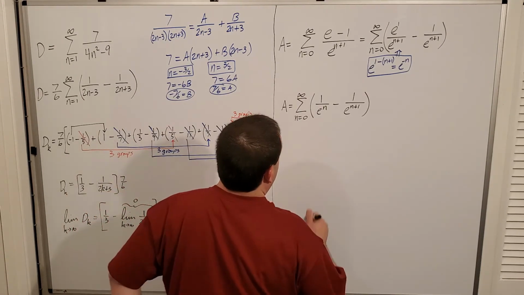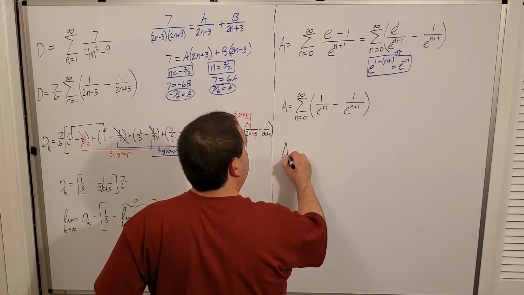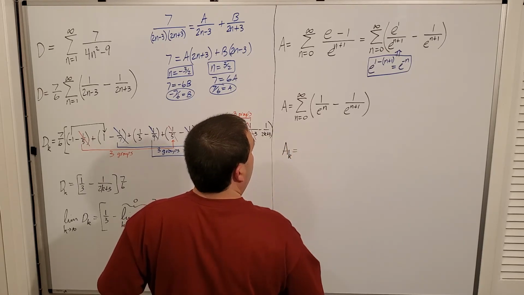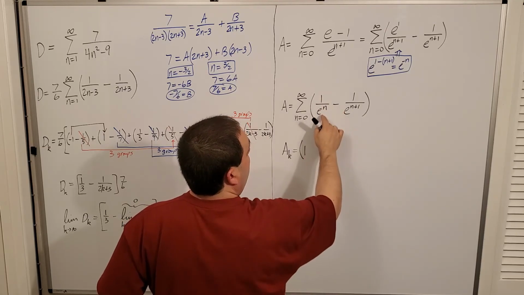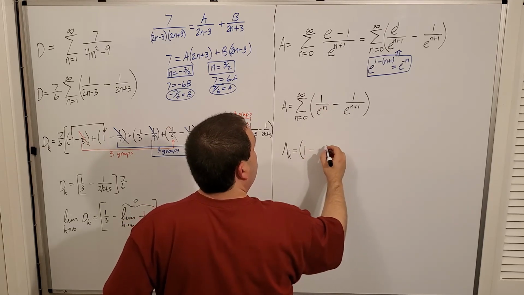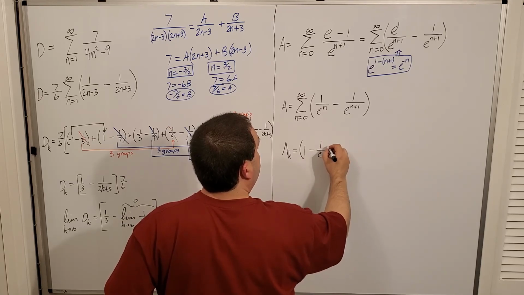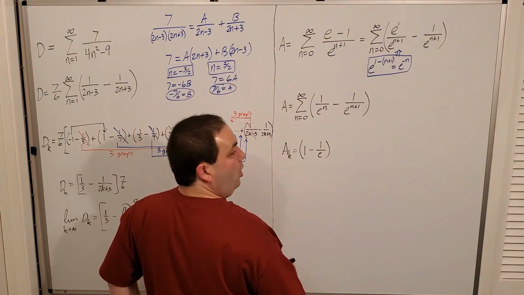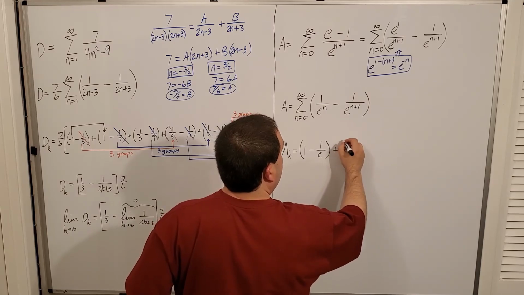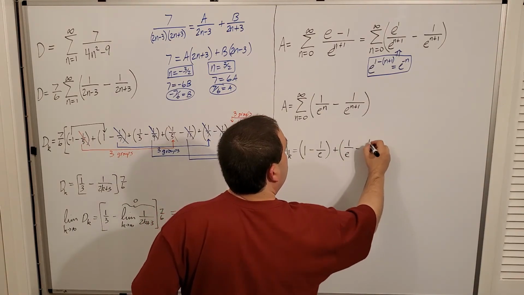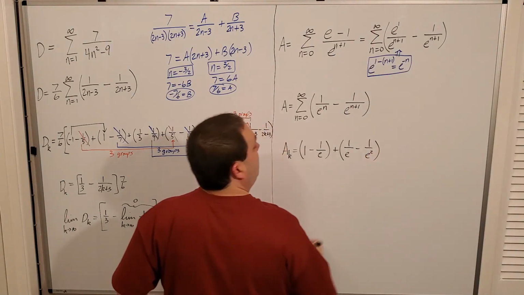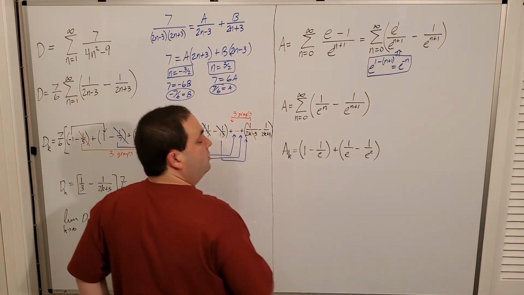Let's do the partial sum a sub k. When n is 0, I get 1 minus 1 over e, because that will be e to the 1. Okay, next, when n is 1, I'll have 1 over e minus 1 over e squared, because I'll just do 1 plus 1, of course, for the exponent there.